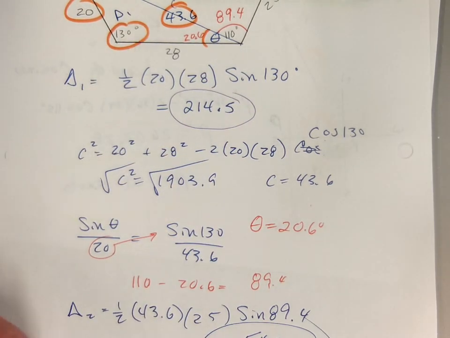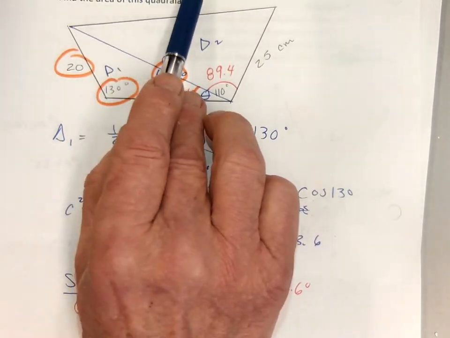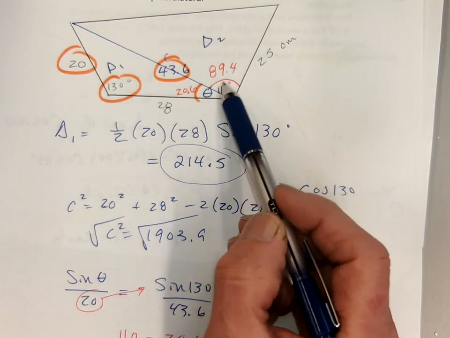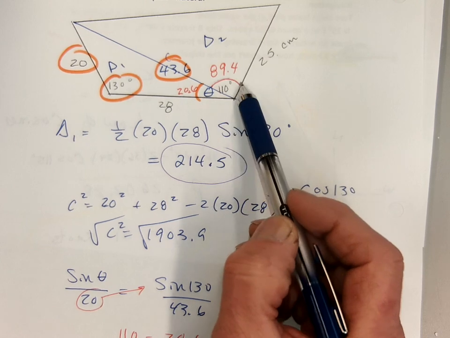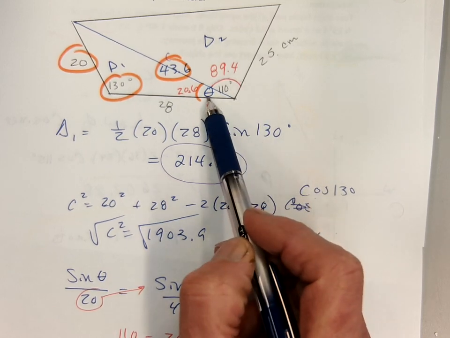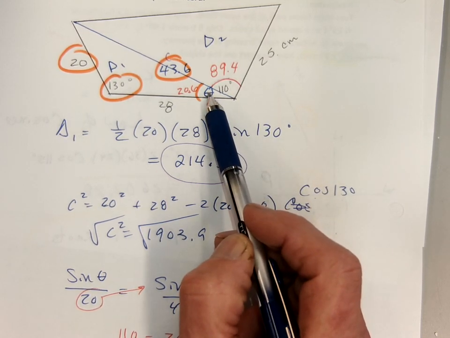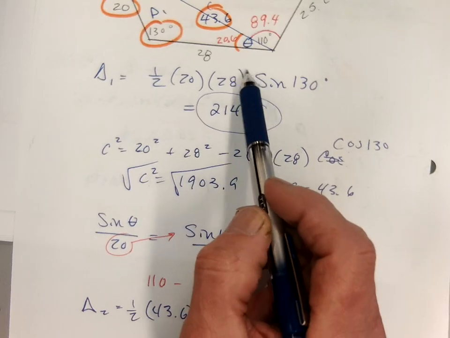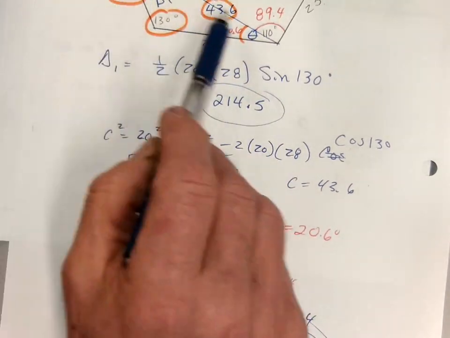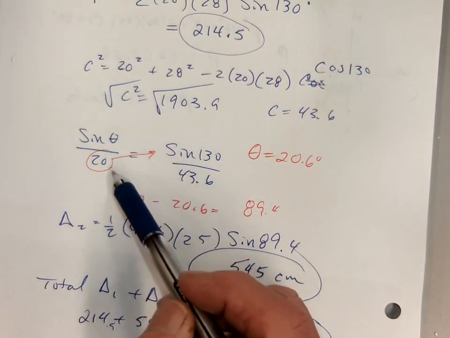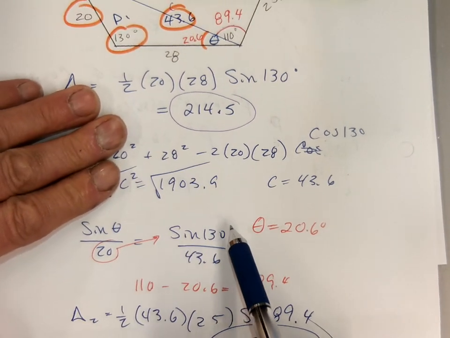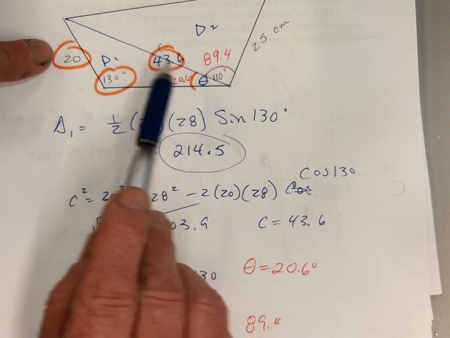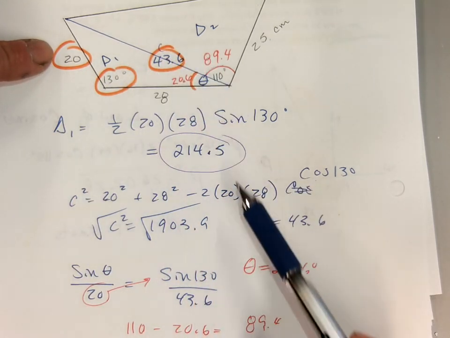Okay, now I really want to use this formula here, 1/2 adjacent adjacent sine. So I have my adjacents, but I don't have my angle. This 110 degrees is for the entire angle here. So what I need to do is find this angle in this smaller triangle. Once I find that, I'll subtract it from 110. So I did that. In this small triangle, I had opposites, so I set up the law of sines: sine of theta over 20 equals sine of 130 over 43.6.